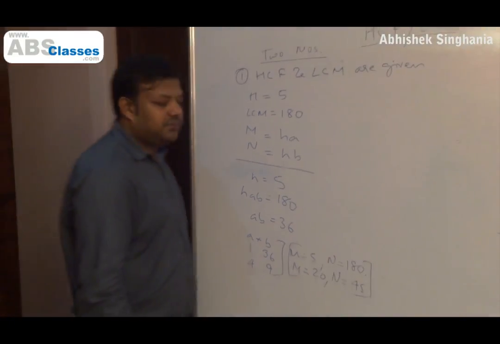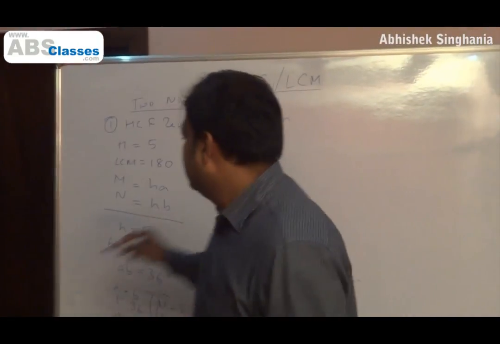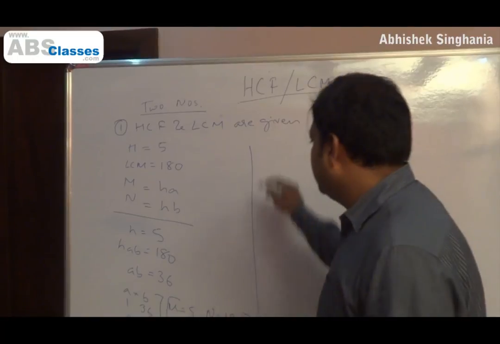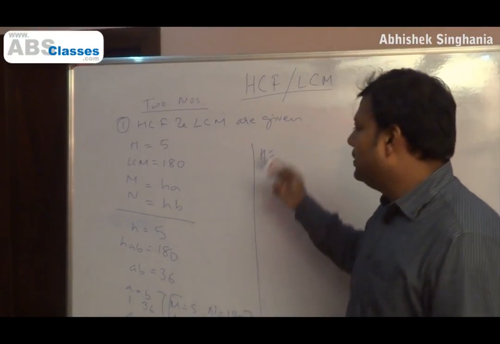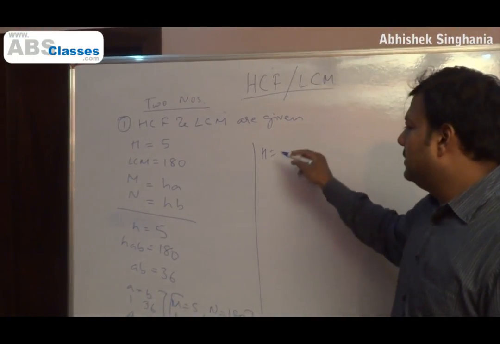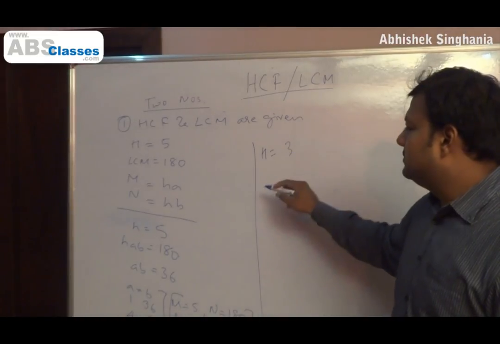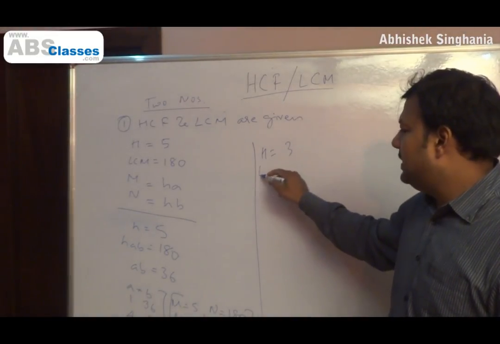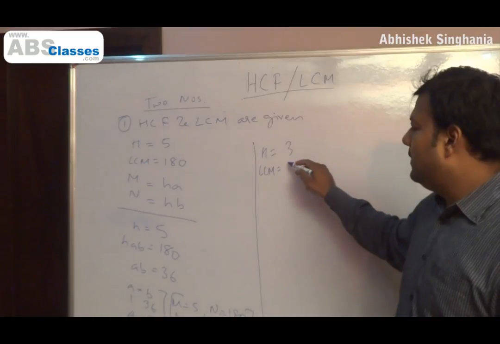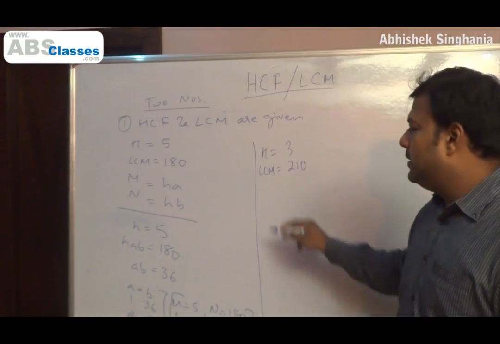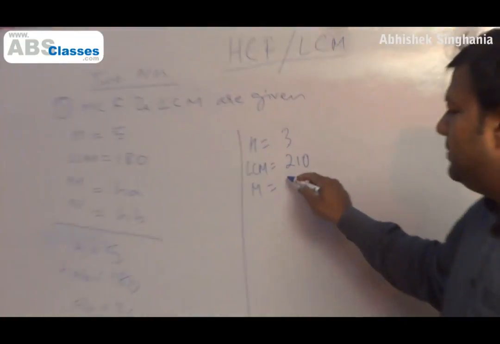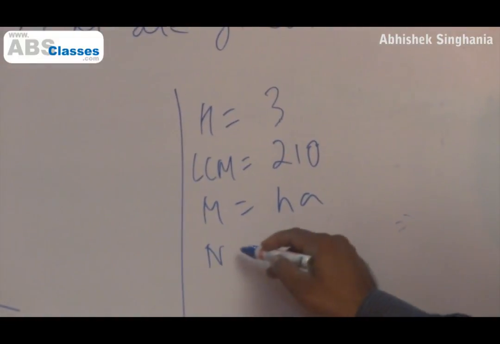So these two cases can be there. Let's take one more example in this. Say it's given that the HCF is equal to 3 and the LCM is equal to 210. Again our numbers will be HA and HB.